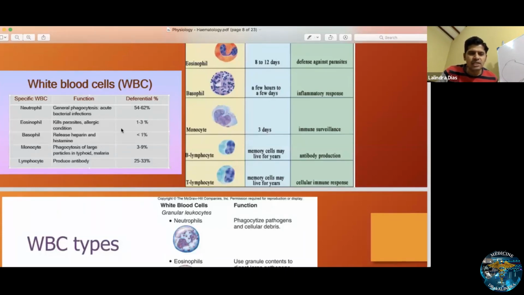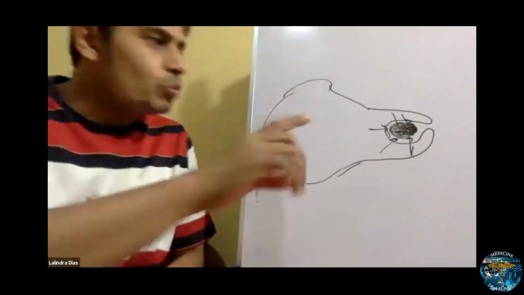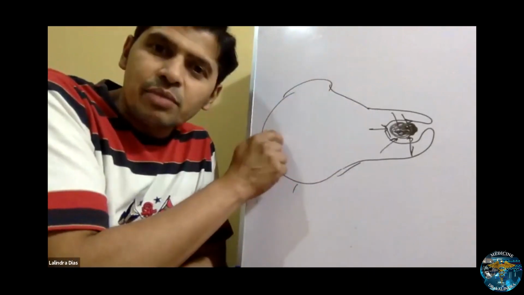Then monocytes, what is their function? Phagocytosis of large particles in infections like typhoid or malaria. So guys, monocyte, I told you, this is the structure. Here, this one. This is the macrophage which has been formed by the monocyte. So monocyte only enlarges up to this size, macrophages.